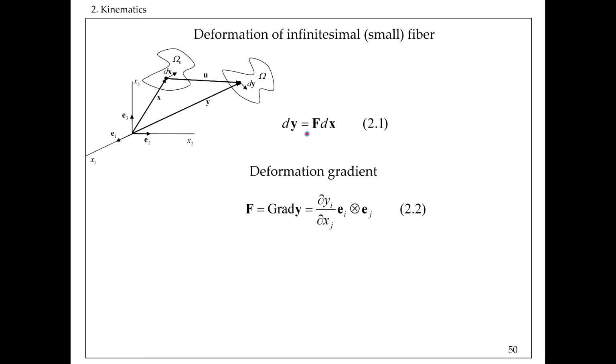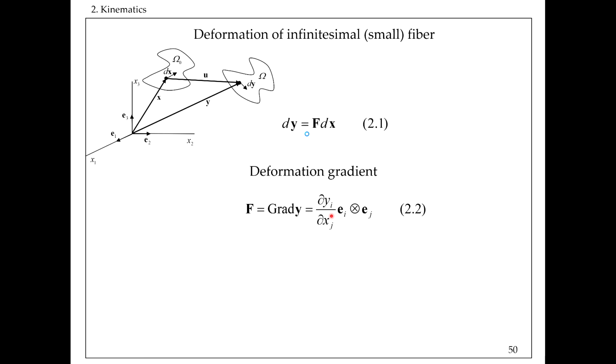It's also called the deformation gradient, and it is defined as the gradient of that mapping y, of the new position as a function of x. As we already mentioned, each y is a function of x, so the position in the current configuration depends on x, and therefore we can take the derivative.